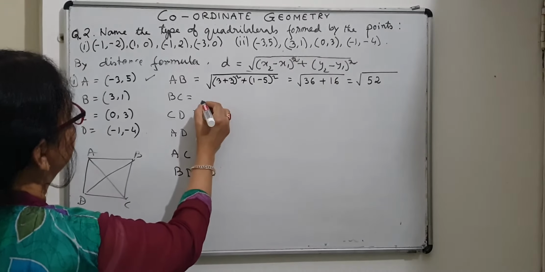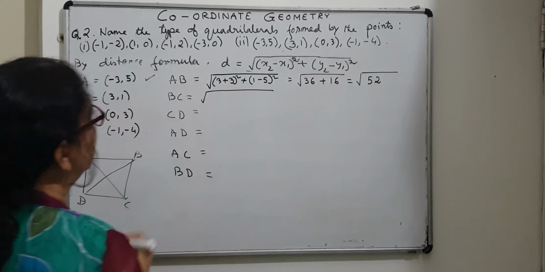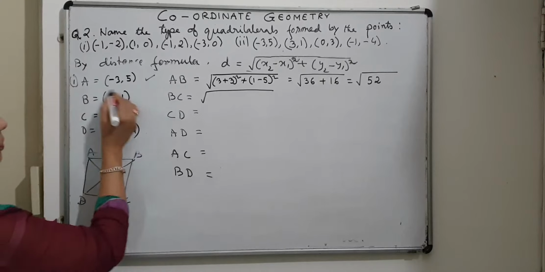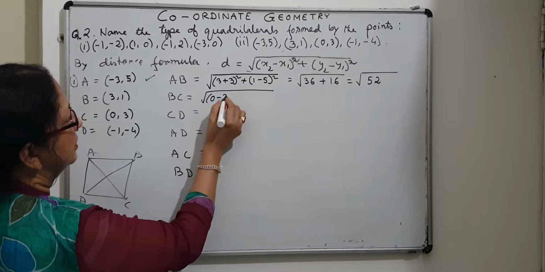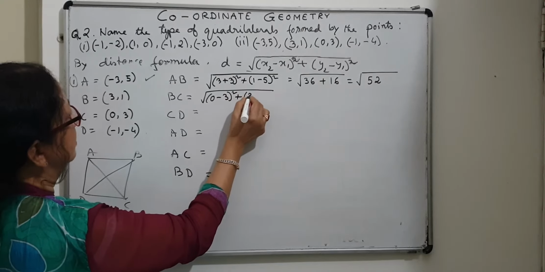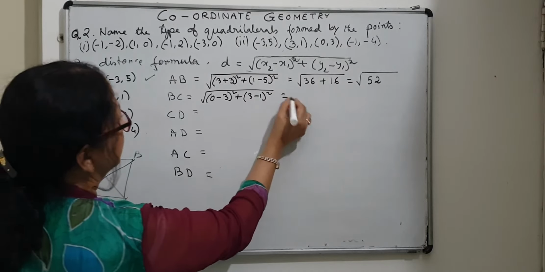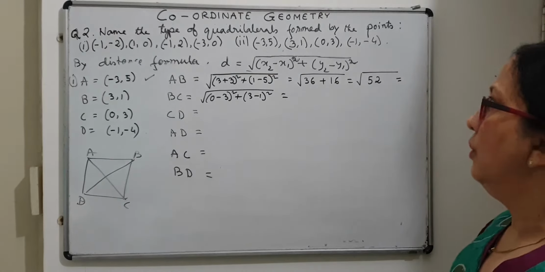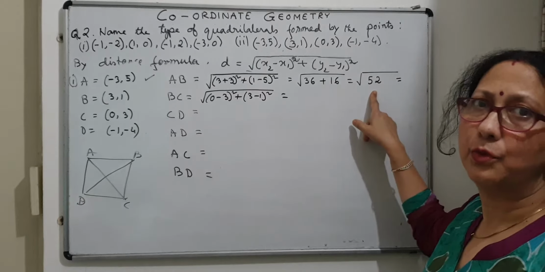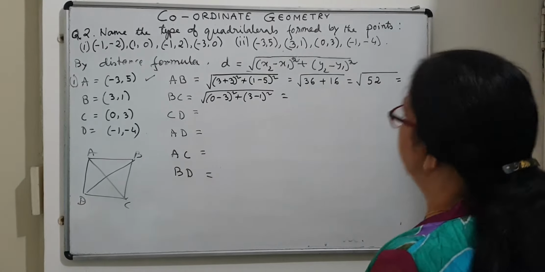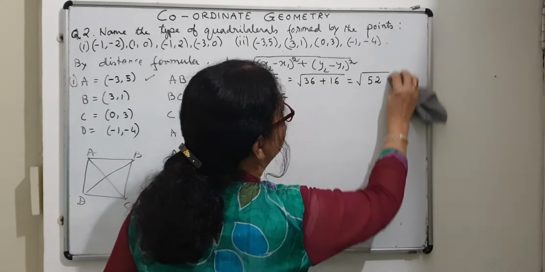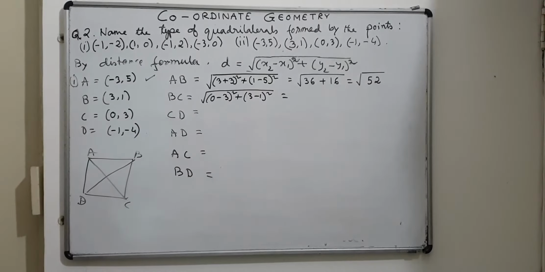Then BC under root. BC is this 2. So 3 minus 0 or 0 minus 3, 0 minus 3 whole square plus 3 minus 1 whole square. By distance formula, I am ready. Now I can do one thing. You know, 52: 4 into 13 is 52. Because this is in pure form, I should always express it in mixed form.